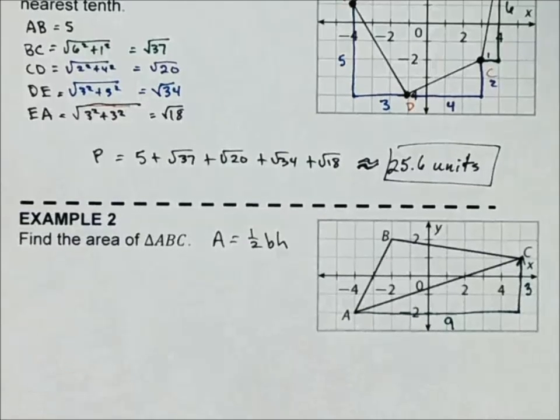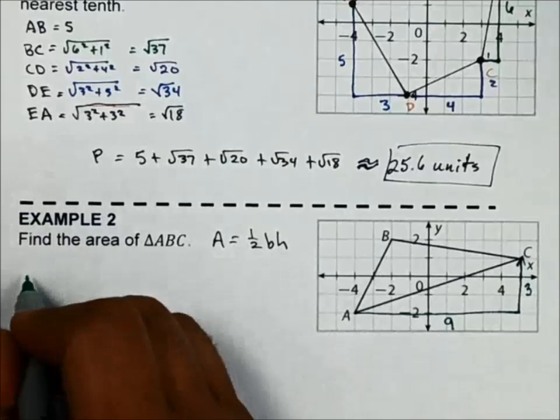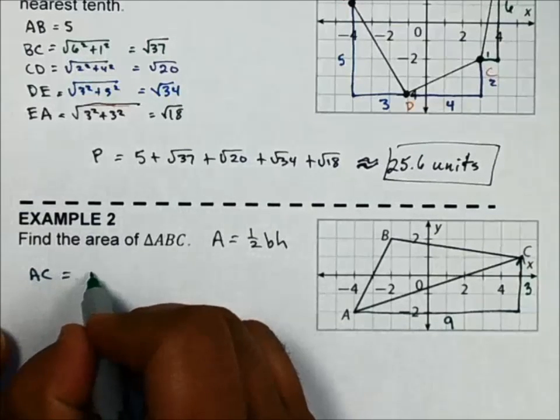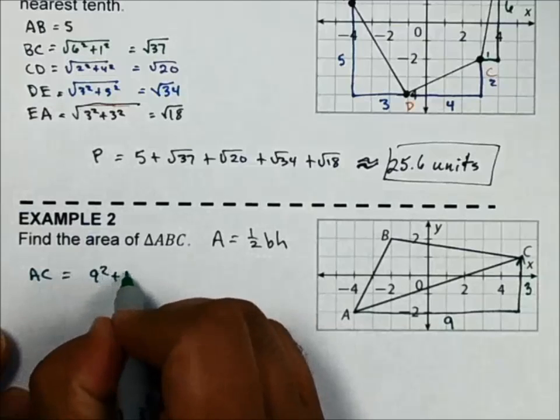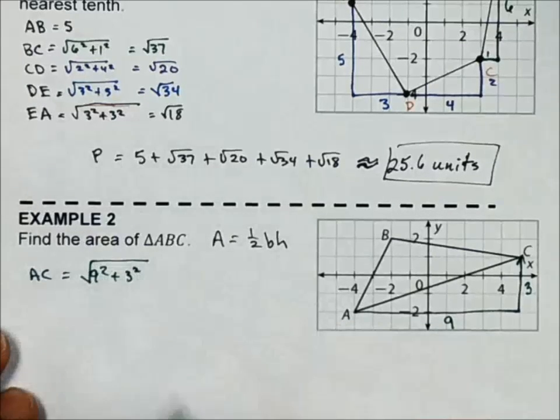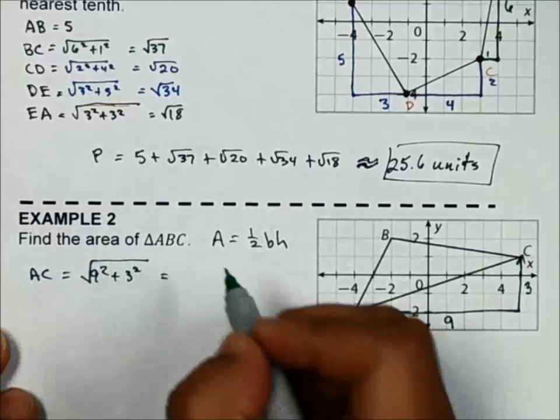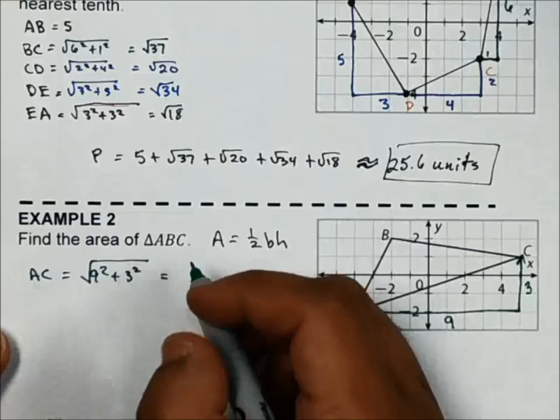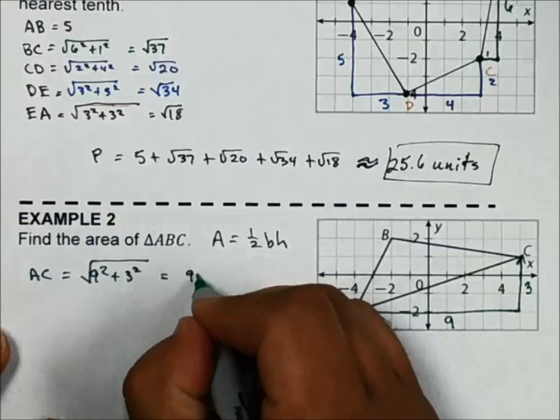So the length of AC is going to equal the square root of 9 squared plus 3 squared, which gives me the square root of 90.